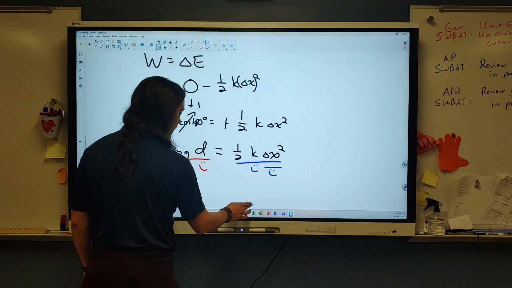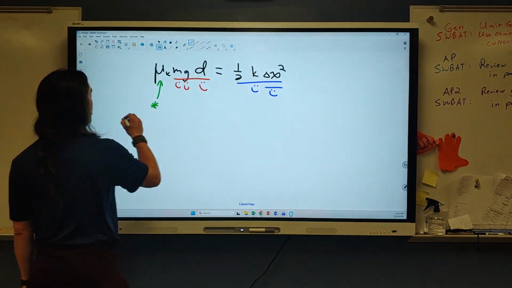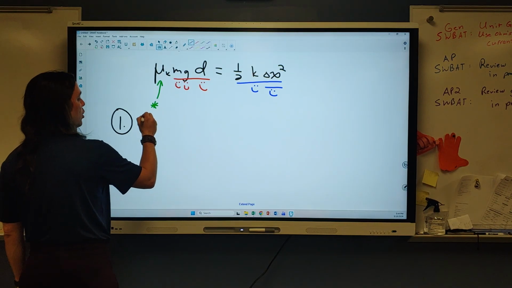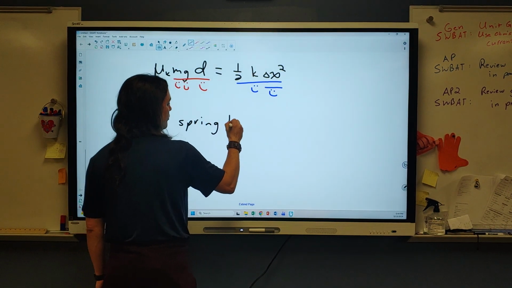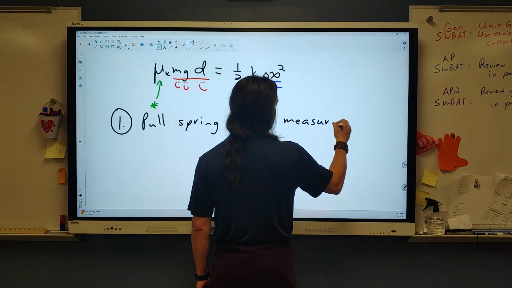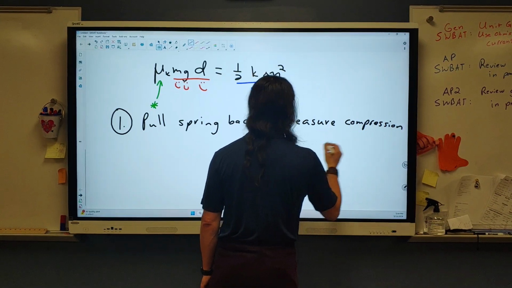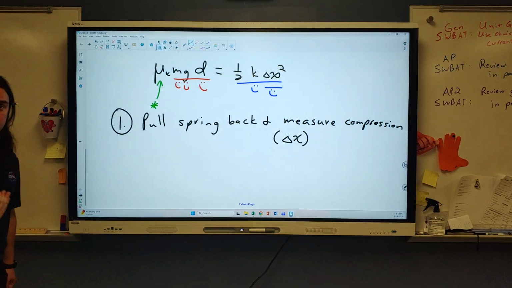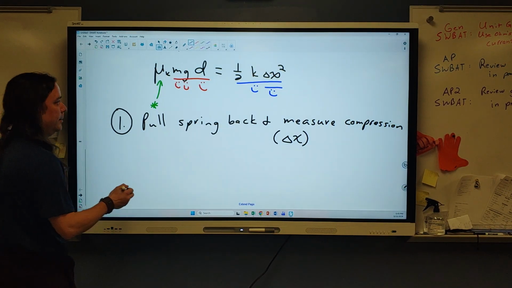So now I can go through and do the following. My experiment, I would say, along the lines of, I'm not going to write the full thing out, but I would measure: step 1, pull spring back and measure compression. I'm going to call this delta X. Define a variable to make it easier for your later parts so that you don't have to write compression distance each time.